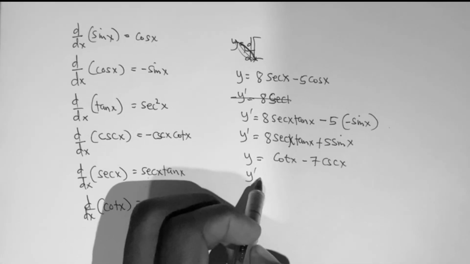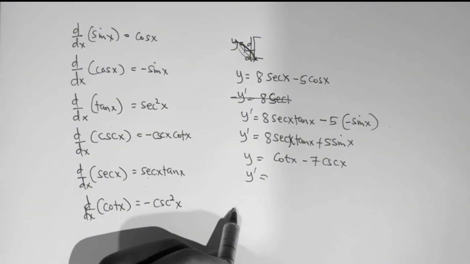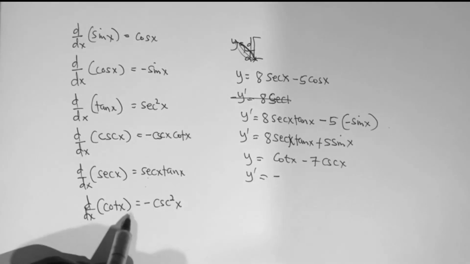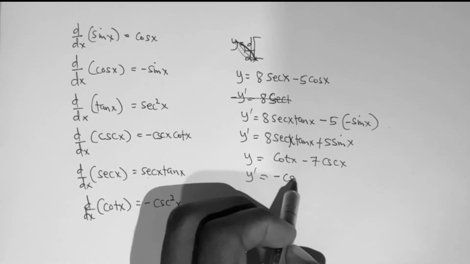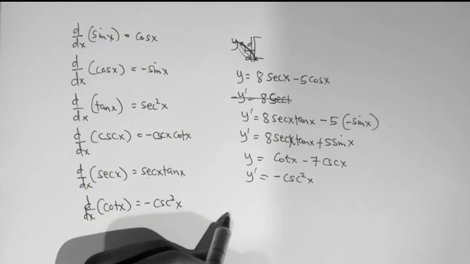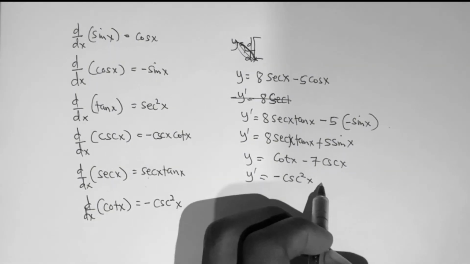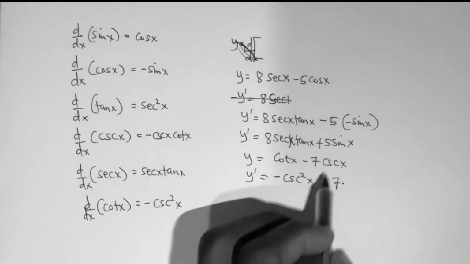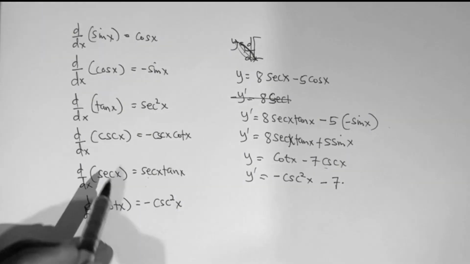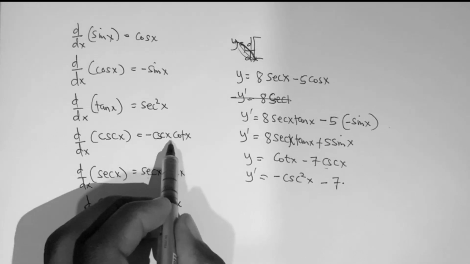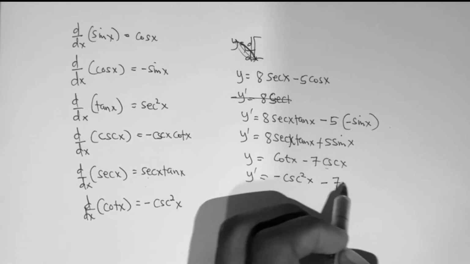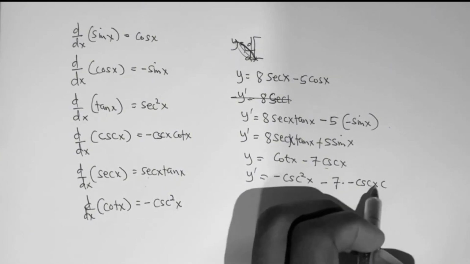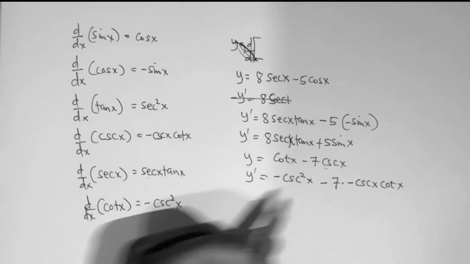Now what if y is equal to cot x minus 7 cosec x? What is y prime? Y prime is equal to, if you differentiate cot x, you are going to get minus cosec squared x, then minus 7 times, if you differentiate cosec x, you get minus cosec x cot x.